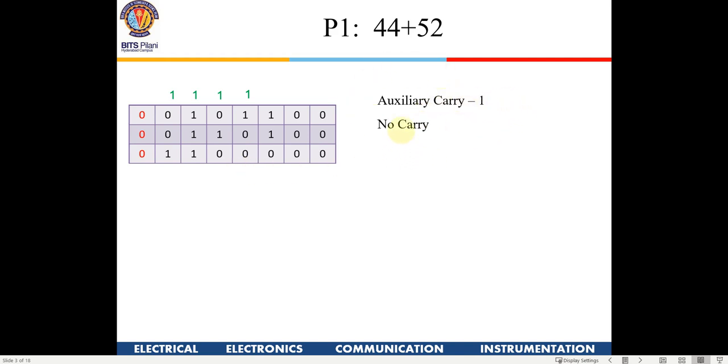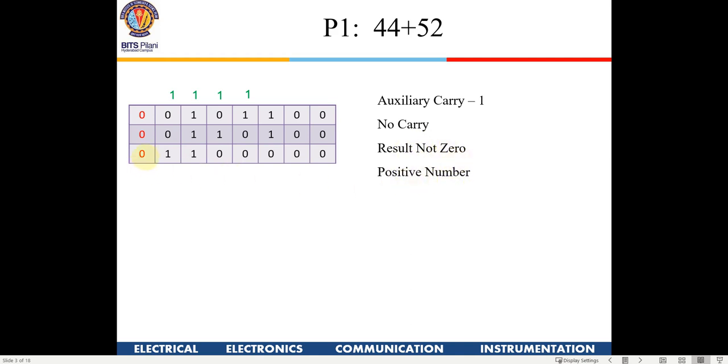Once we do the addition, these are some of the status flags. No carry means from the 8th bit to the 9th bit there is no carry, obviously. The result is not 0; if the final result were 0, the zero flag would be set.